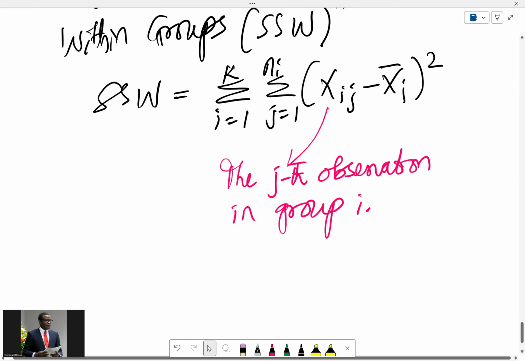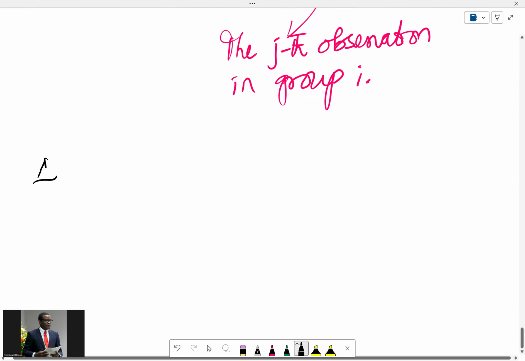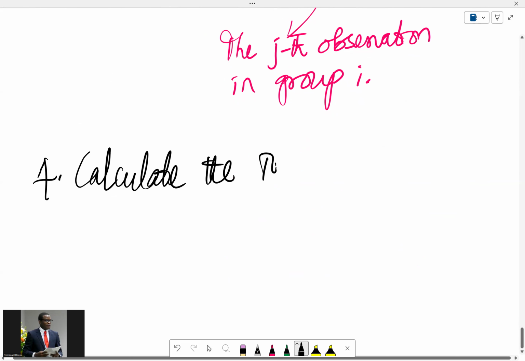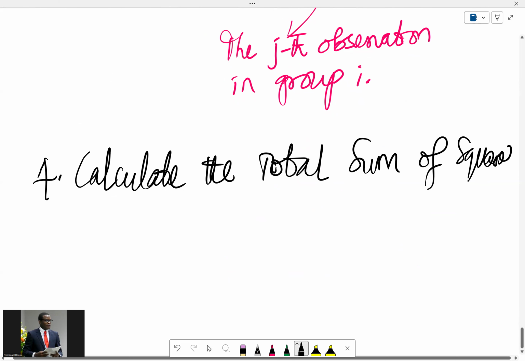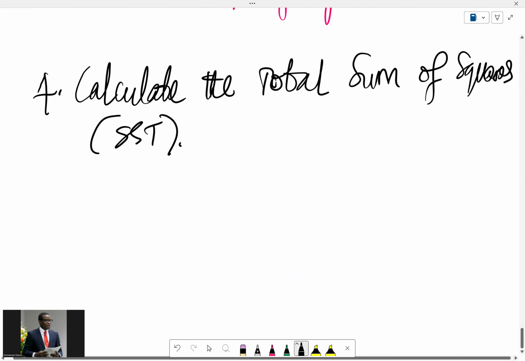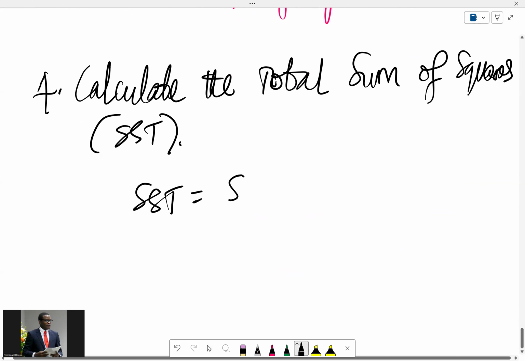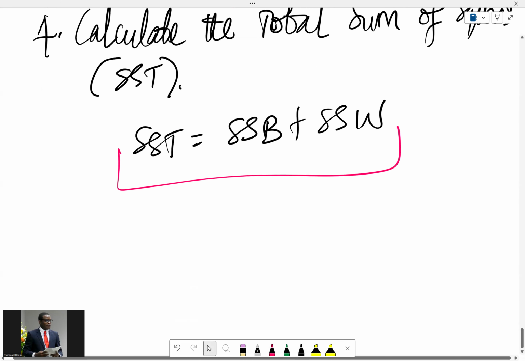Step 4 is to calculate the total sum of squares, which is SST. That's simple: SST is just the sum of squares between groups plus the sum of squares within groups.